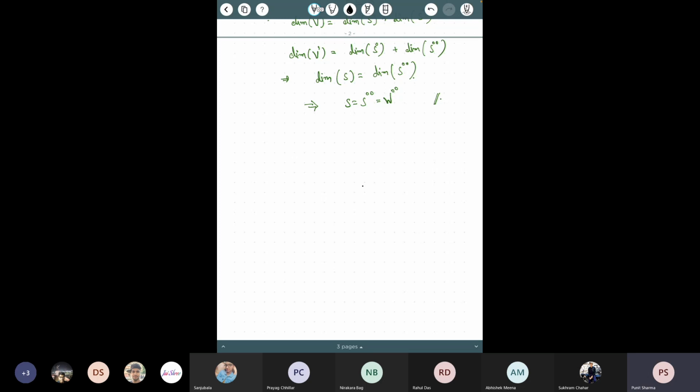And if yes, then there should be some relation between the transpose of a matrix and the transpose of a linear transformation. So that's what we are trying to see here. Okay, so let's talk about transpose of a linear transformation.